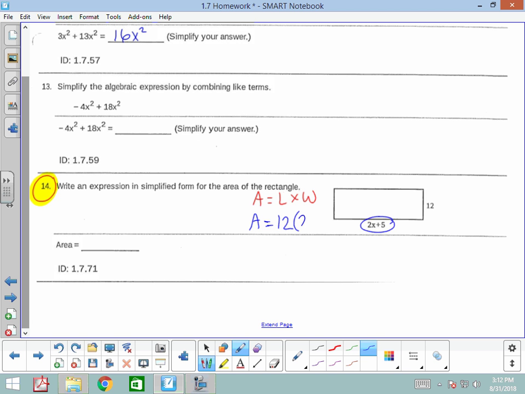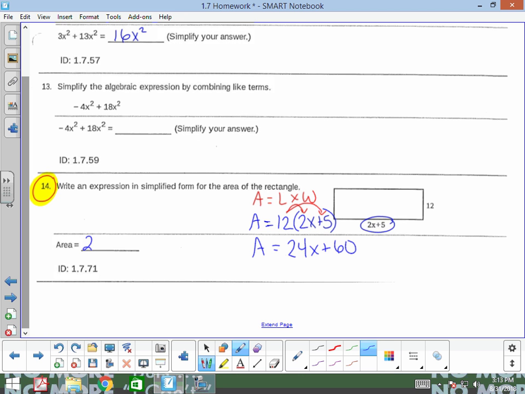Since 2x plus 5 is a binomial, I'm putting it in parentheses. Very important. Now we're going to do the distributive property. This is the work that I want you to show on your paper when you're doing this on MathXL. So this answer is 24x plus 60.